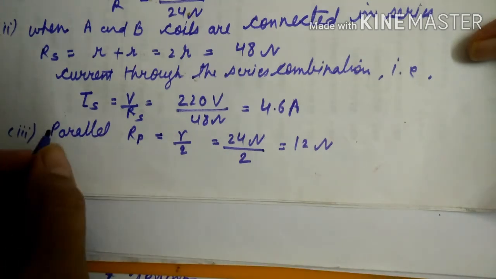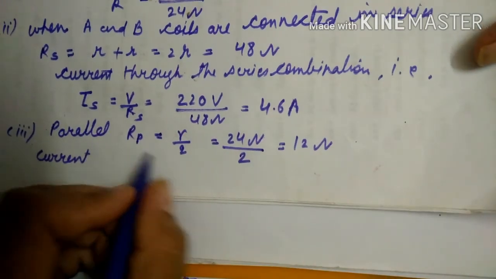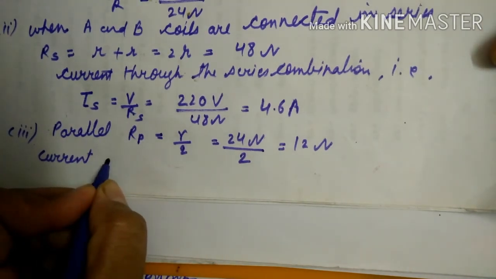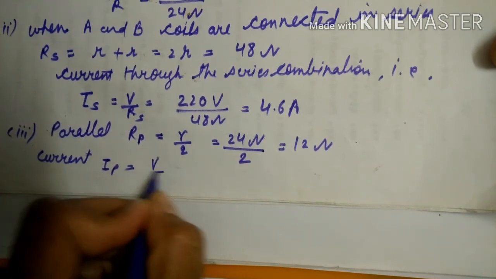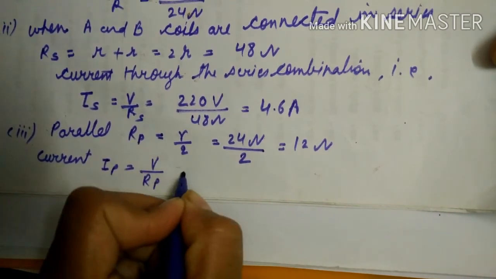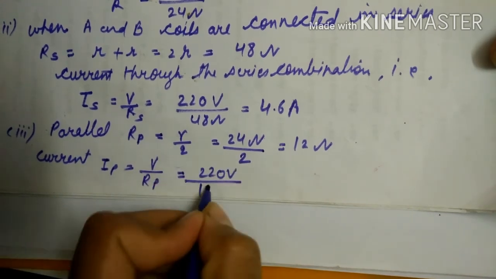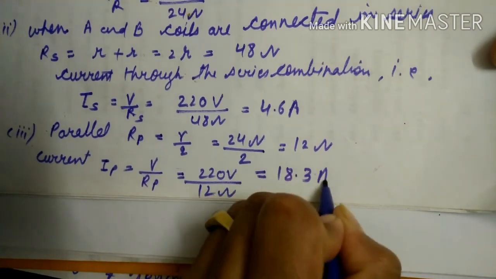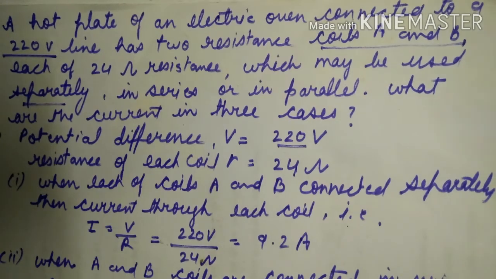Okay, now current when they are connected in parallel, so what the magnitude of current in parallel combination, V upon R in parallel, so 220 volt upon 12 ohm, so it will be 18.3 ampere. Clear it is?